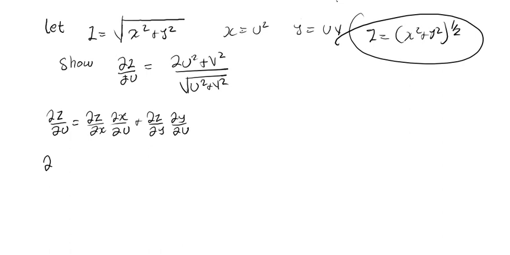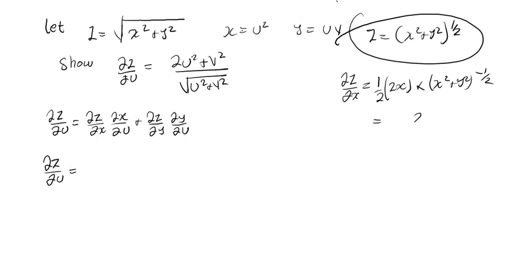So you're going to have your partial of z with respect to u being equal to, so partial of z with respect to x, you differentiate with respect to x. You drop the power, which is 1 over 2, multiplied by the derivative of what you have inside with respect to x, that will give you 2x, multiplied by this, you reduce the power by 1, that's going to be x squared plus y squared to the power minus 1 over 2, which just turns out to be x over the square root of x squared plus y squared.